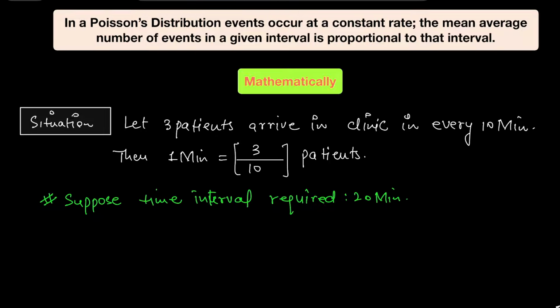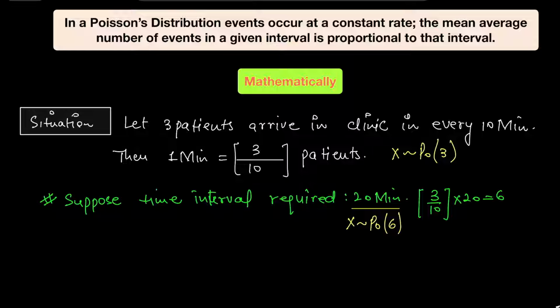Then I will write 3 over 10, the number of patients arriving in 1 minute, times 20, and this will give me 6 patients. So initially X was following a Poisson distribution with 3 patients arriving in the clinic in every 10 minutes, and now for a 20-minute period the Poisson distribution has changed. X follows a Poisson distribution with mean 6.